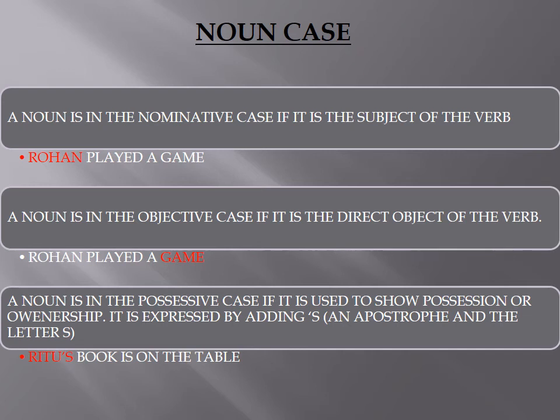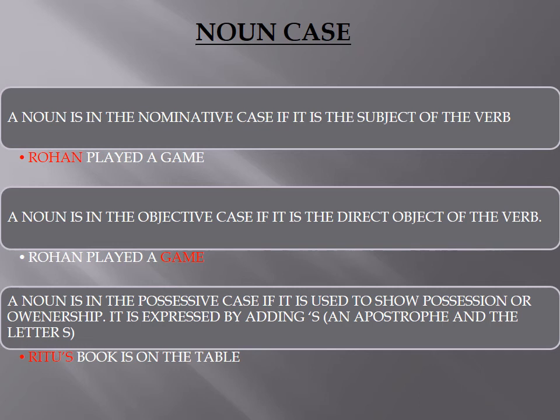Coming to the objective case. When the noun becomes a direct object of the verb, that means the verb is acting upon a noun object, then it becomes the objective case. For example, Rohan played a game.